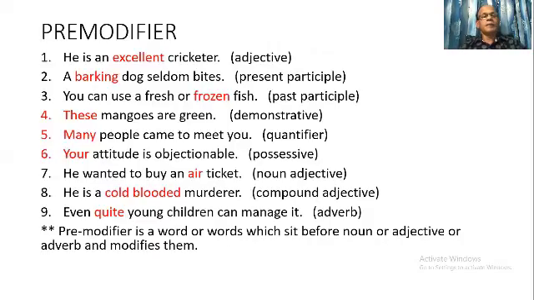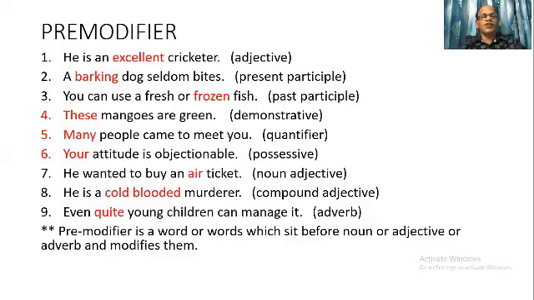These are pre-modifiers. I have given here some examples, and there are some words in red ink, and beside the example in parentheses I have given the name of the word in red ink.